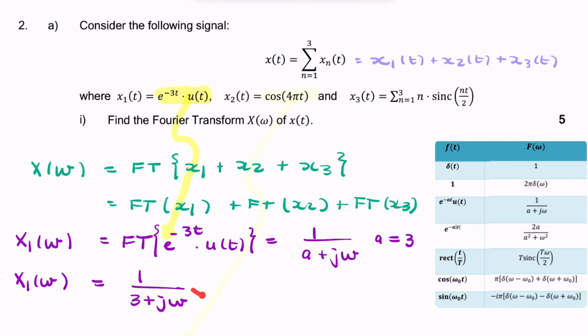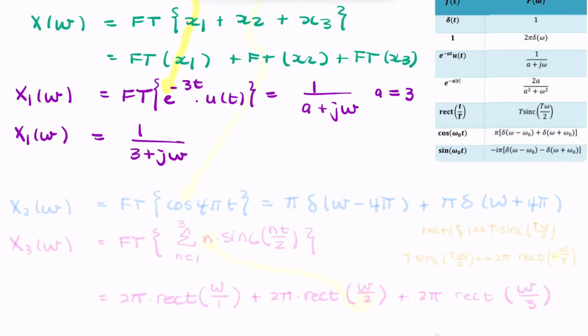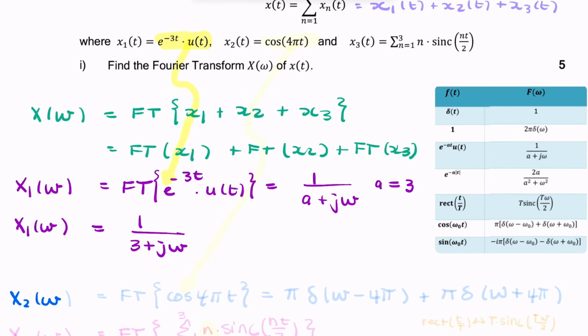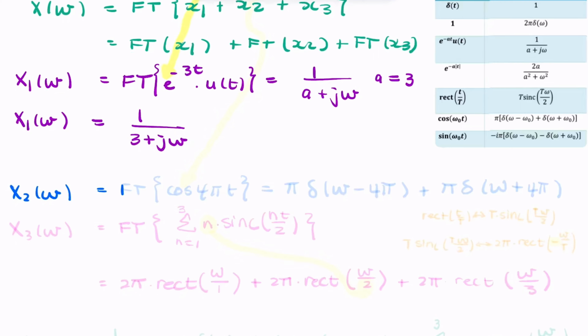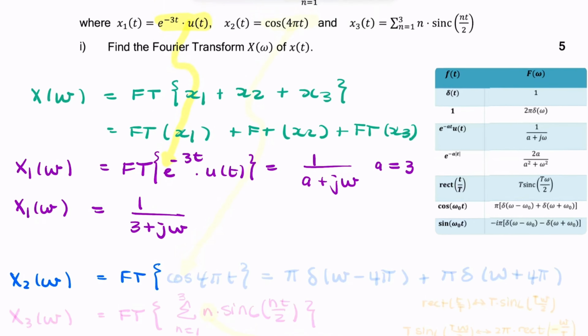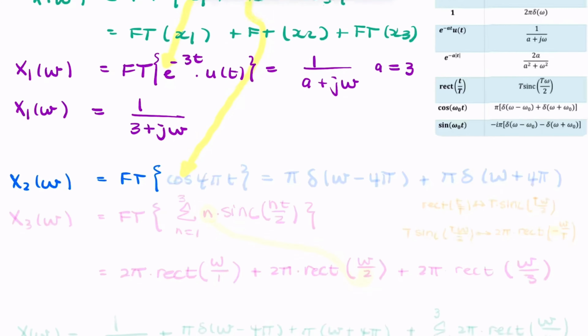So that's x1. Our next term is x2, which is a cosine. So x2 of omega is the Fourier transform of our next term, which is a cosine.